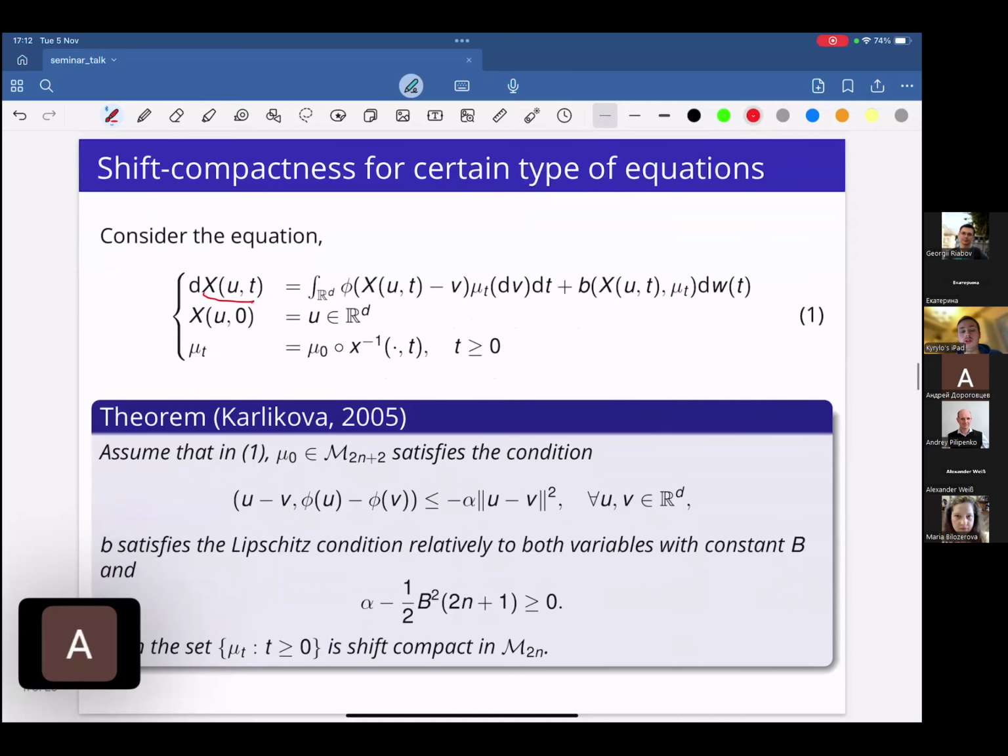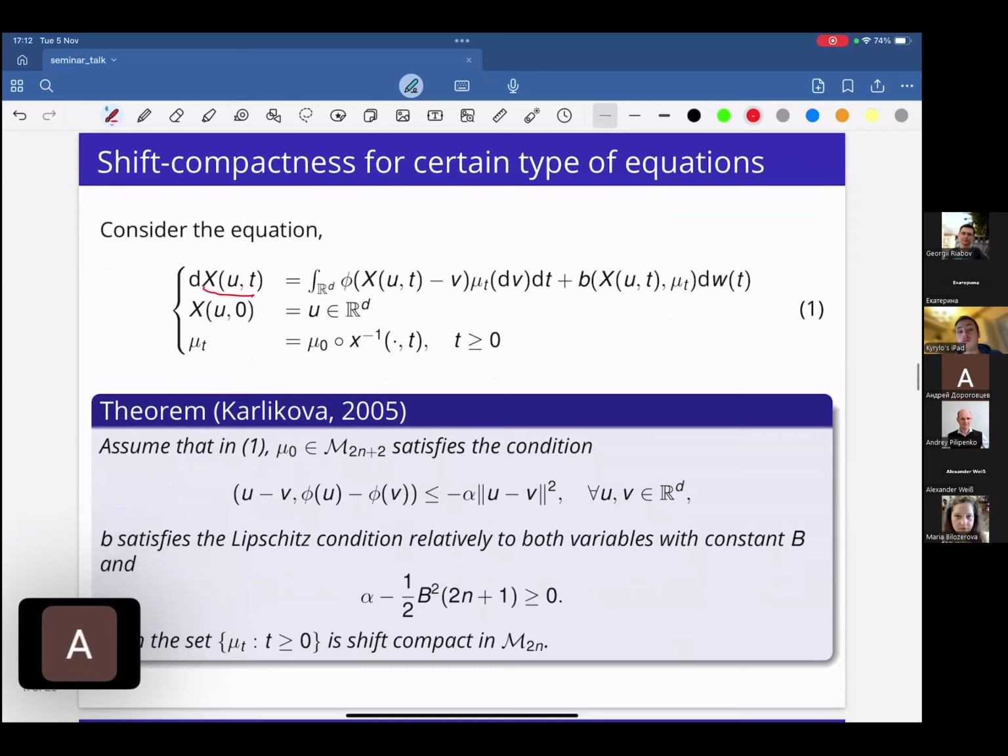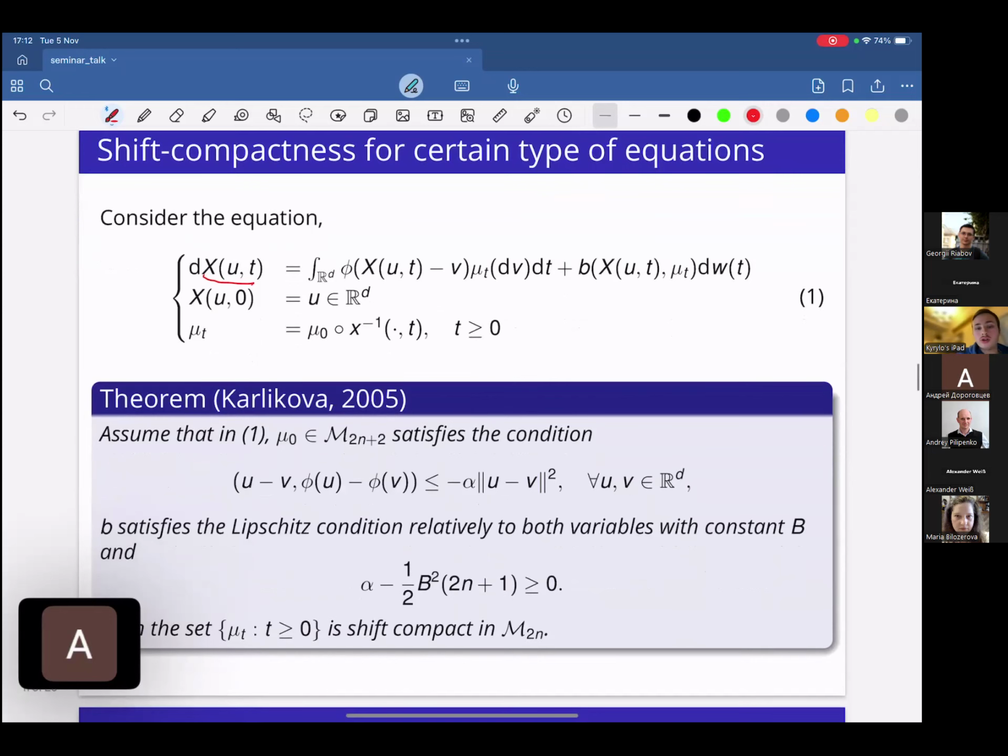In this case, in order to establish shift compactness, we need to add additional restrictions on our function phi and function b.